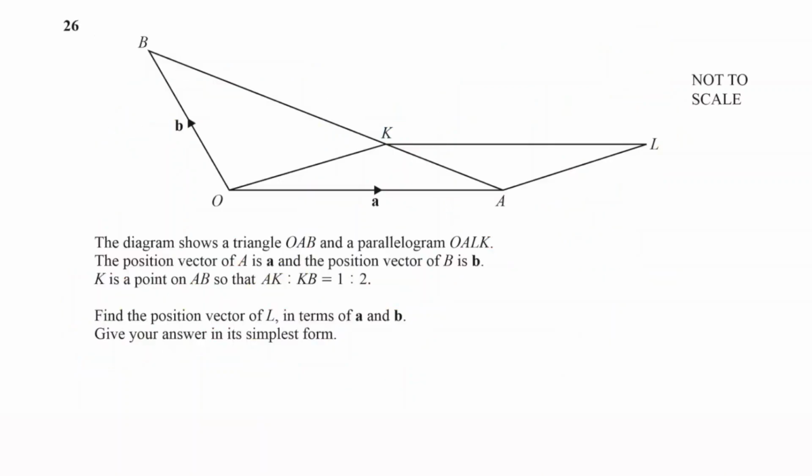Question number 26. The diagram shows a triangle OAB and parallelogram OAKL. So you should know that this is a triangle OAB, and the other shape they are trying to show is a parallelogram, this one. Let me show you the parallelogram. That is this one.